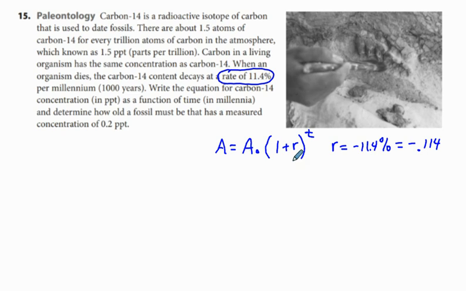And so our equation is going to be A equals A sub 0, and we're given a starting amount of 1.5 parts per trillion, times 1 minus 0.114 to the power of t.